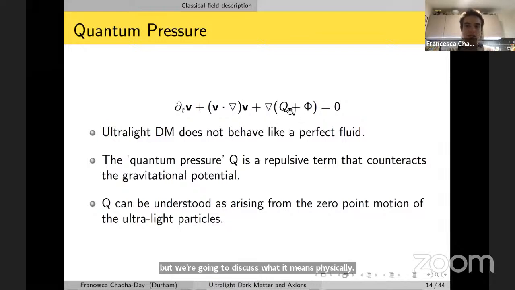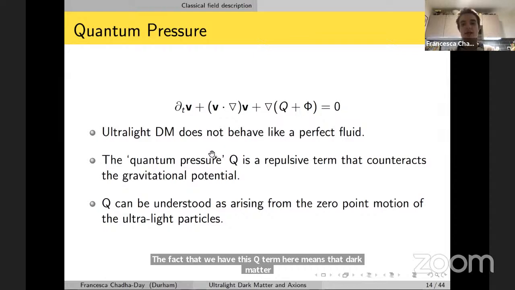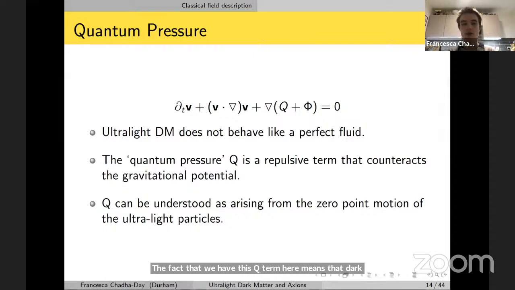The fact that we have this Q term here means that dark matter doesn't behave like a perfect fluid. Q is often called the quantum pressure, and it can be thought of as a repulsive term that counteracts the gravitational potential. Gravitational potential is this phi.